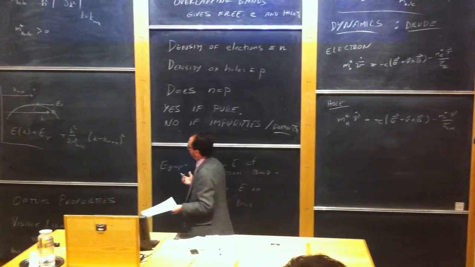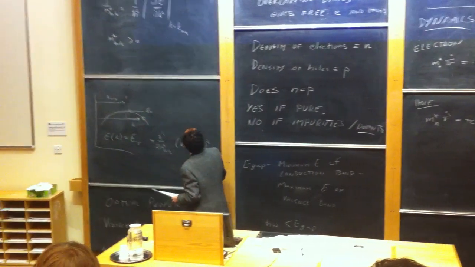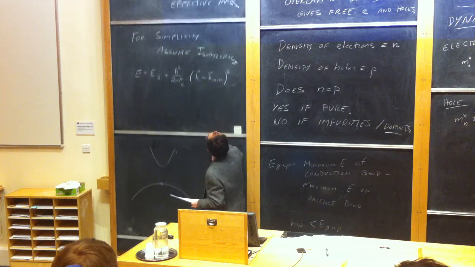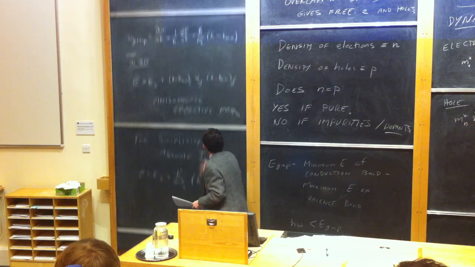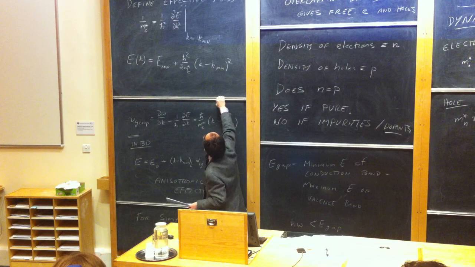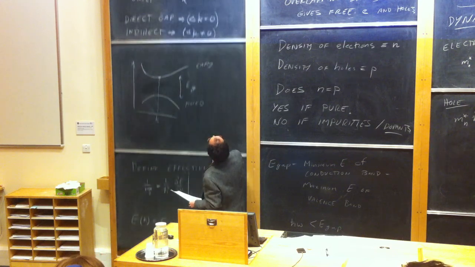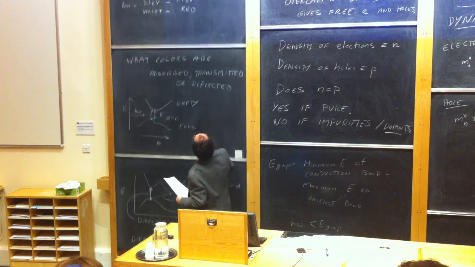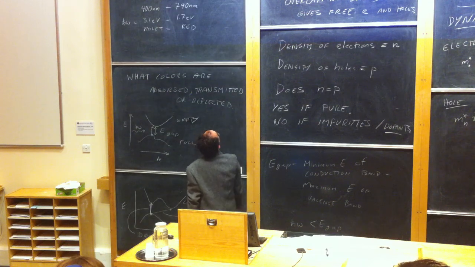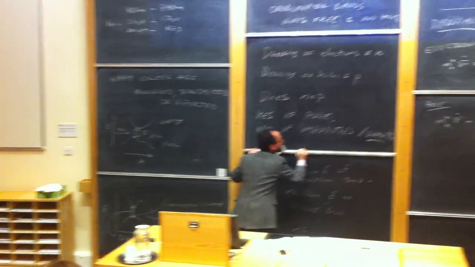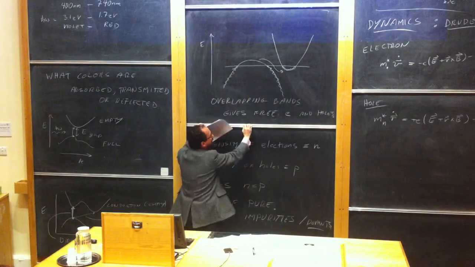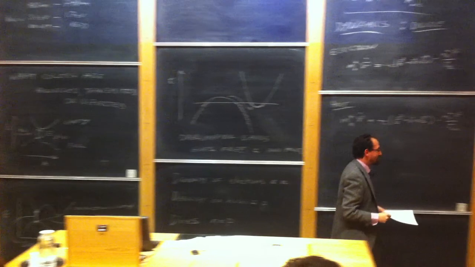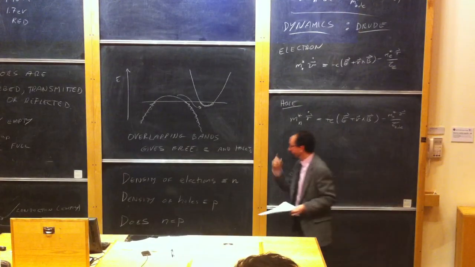But for various types of metals, let's see if I can find this, we also found varying signs of the Hall coefficient. Oh no, here it is. Yeah. For the various types of metals, we found varying signs of the Hall coefficient, and there were no dopants at all. It was pure metal.